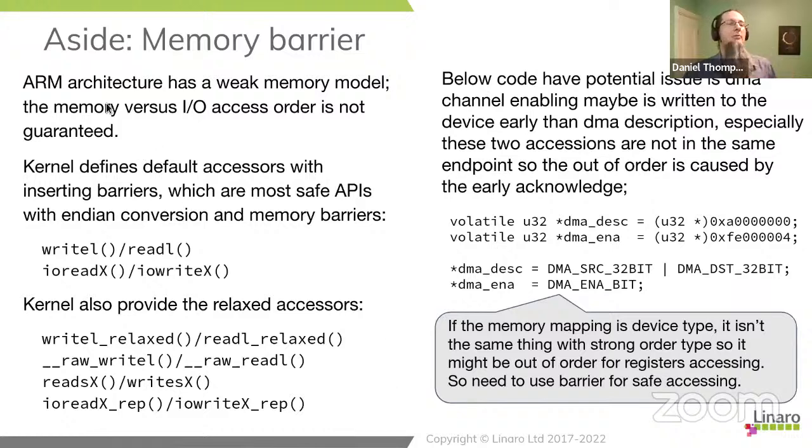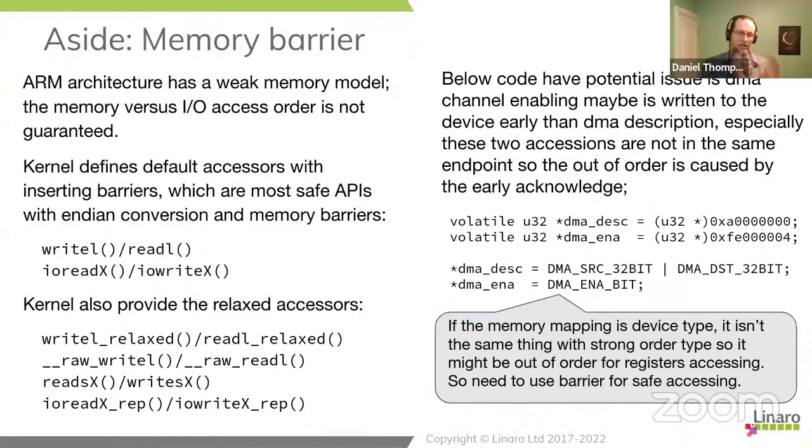So ARM architecture has a weak memory model. What that means is the order that the core may write to some of its peripherals is not necessarily the same as the order they were executed in. And that's fine in most cases because within certain types of memory, ordering is preserved.